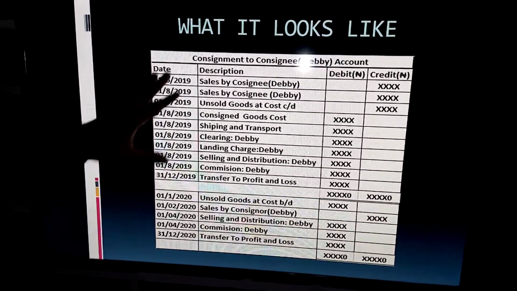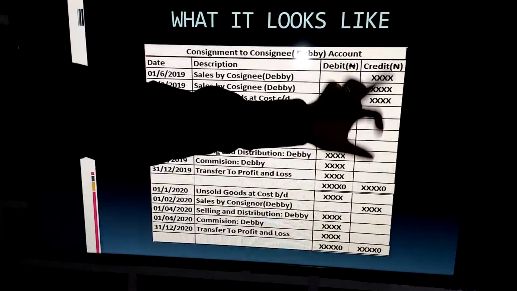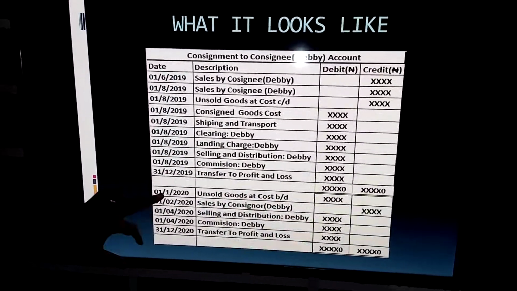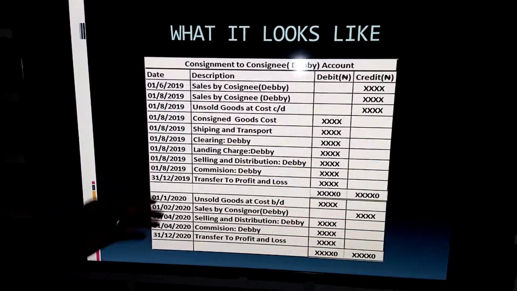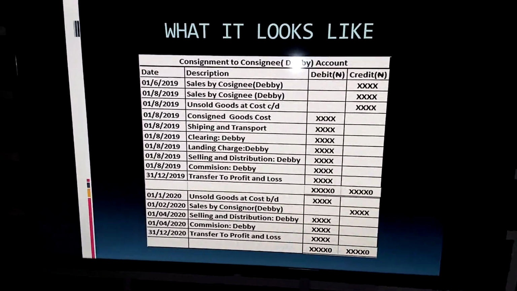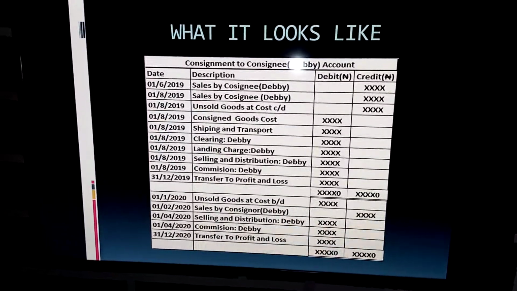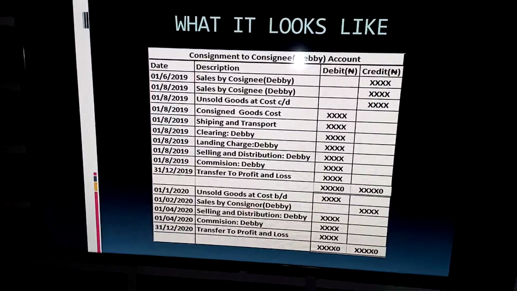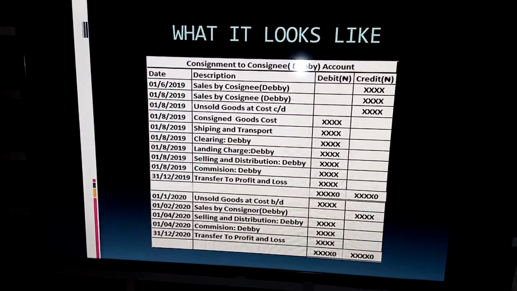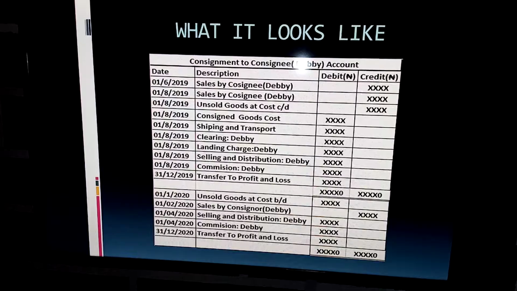So you can see that this carry down here is coming down here as brought down in the following year. So what now happens is that it will now be sold by the consignee again, and then we will do the necessary preparation, and then debit any expense incurred in selling the unsold item in the following year, and then pay out the commission, and then recognize the profit in that year.